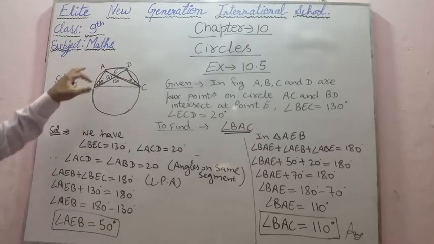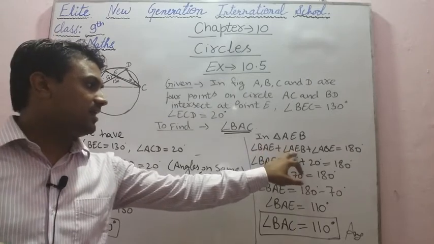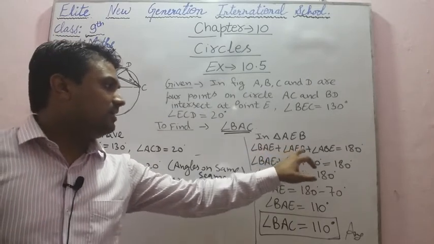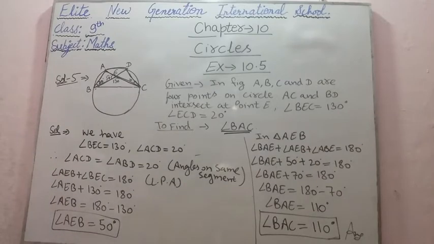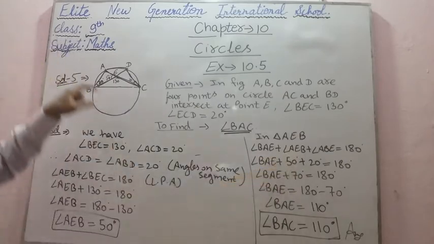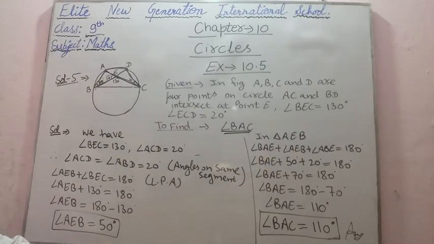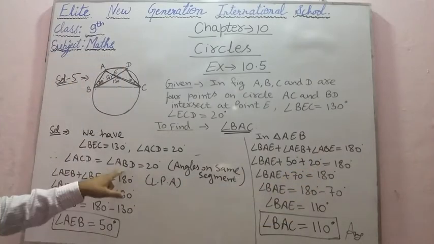Now in triangle BAE or AEB, we can say that angle BAE plus angle AEB plus angle ABE equals 180 by angle sum property. So here value of AEB we have found 50 degree, and plus value of ABE we have given 20.